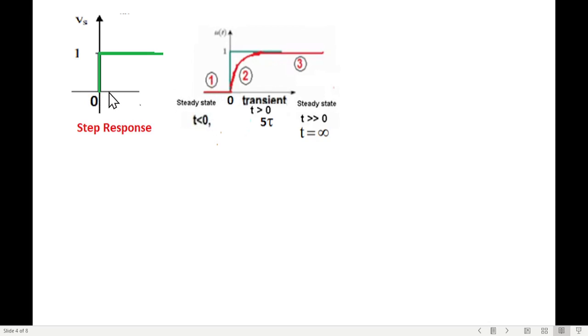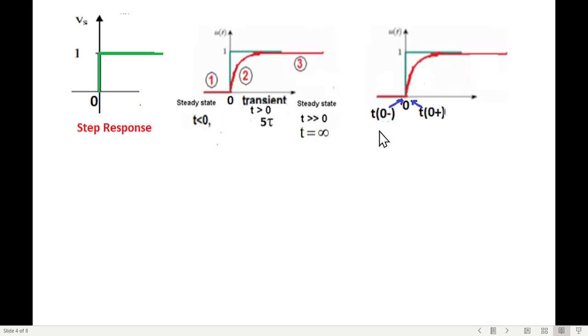Then the moment this signal was applied, the capacitor will start charging, and this will charge up to what is called 5 tau time. So this portion is the transient portion, and then it becomes a steady state. We call this t greater than 0, or also t infinity. So these are the three things that we have to keep in mind.